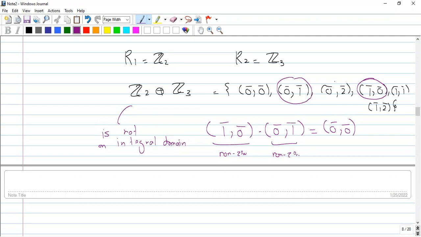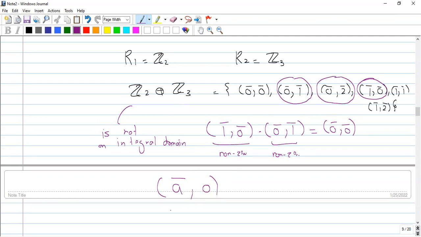0 2. तो व्हाई यू आर सेइंग 0 2 इज अ जीरो डिवाइजर? देखिए whenever you will take an element such that one coordinate is equal to 0, देखिए दोनों coordinate 0 हो गए फिर तो 0 हो गया ना. So we are not looking for a zero element. किसी भी एग्जांपल में, तो z2 क्रॉस z3 है. डायरेक्ट सम ज्यादा भी हो सकता है, z2 क्रॉस z3 डायरेक्ट सम z6.